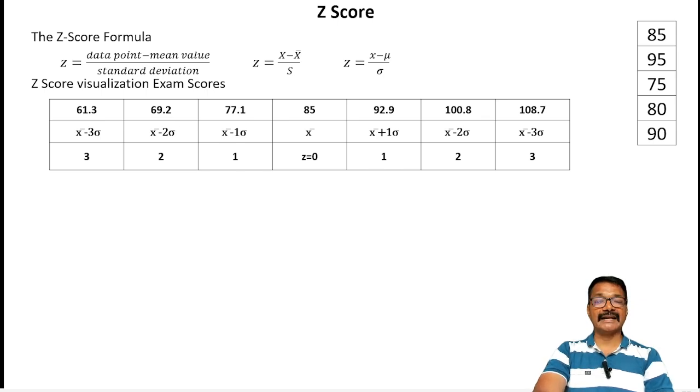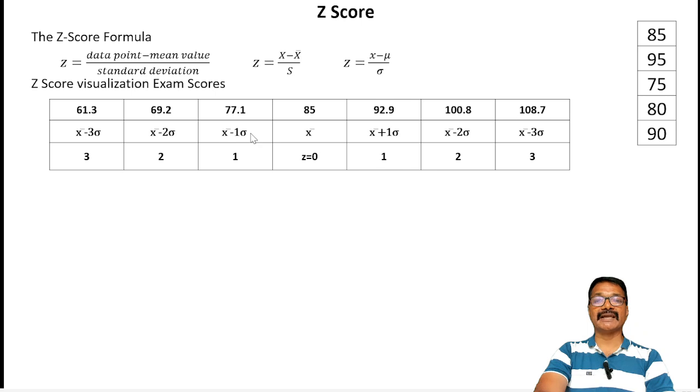Are you getting me? In the previous slide we saw the standard deviation is 7.9. Now the standard deviation 7.9 is considered as 1, and the mean 85 is considered as 0, and you have to describe the distribution: how many standard deviations lie on the left side and how many on the right side. So 1, 2, 3, and the corresponding actual value of the data point will be x minus 1 sigma.